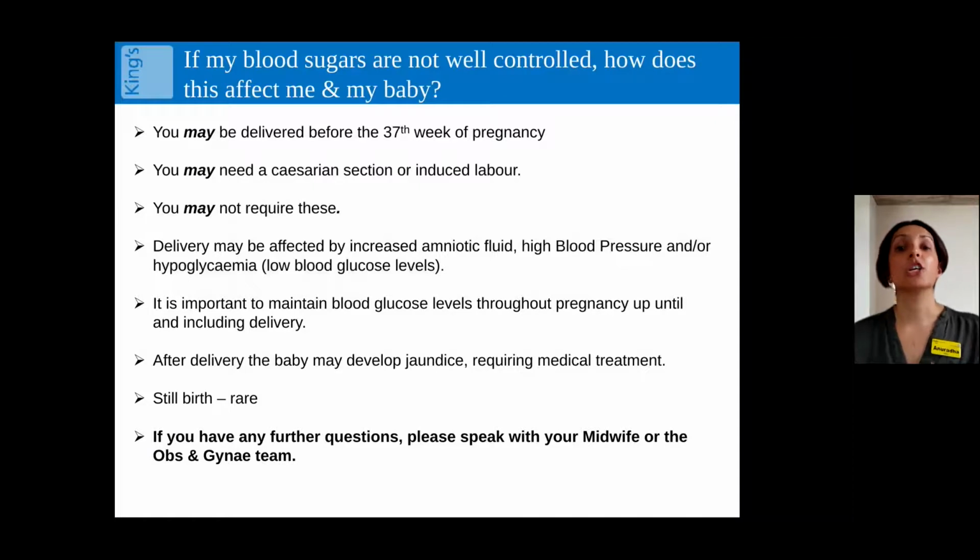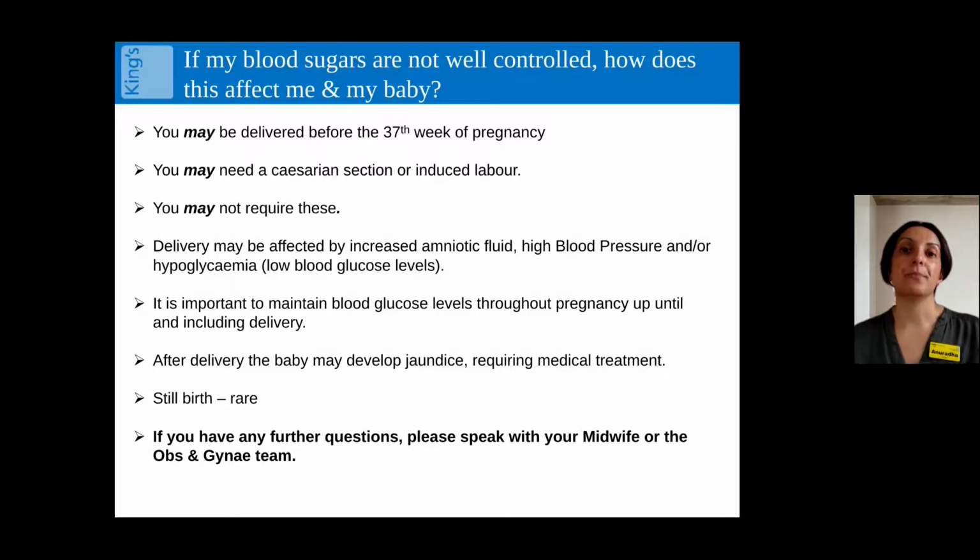So for example, you might be recommended to deliver the baby slightly sooner in the pregnancy, so anywhere from the 37th week onwards. You may also be recommended to consider having a cesarean section or an induced labor.